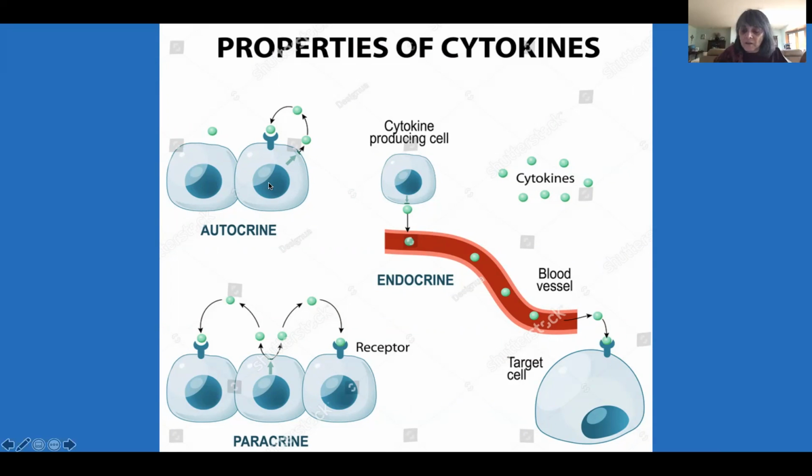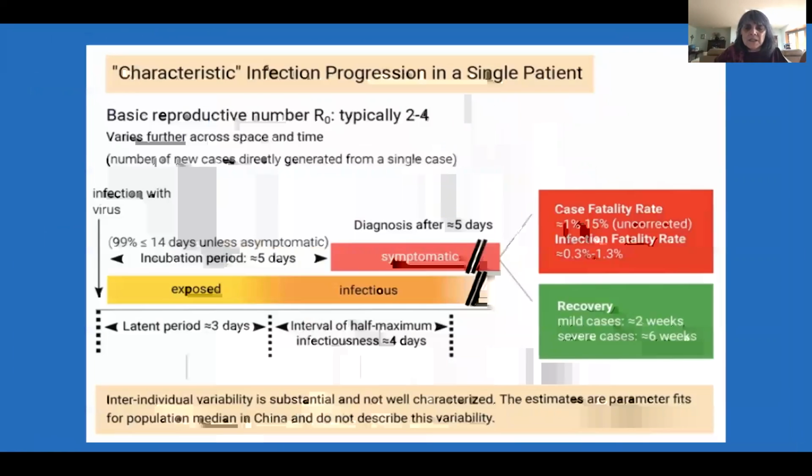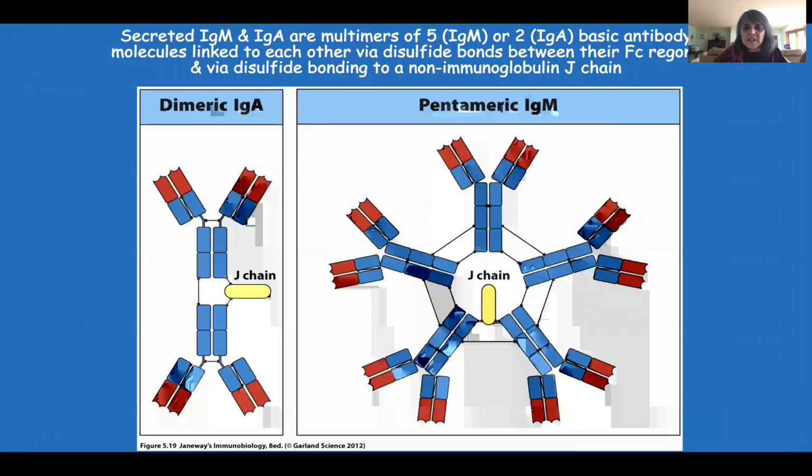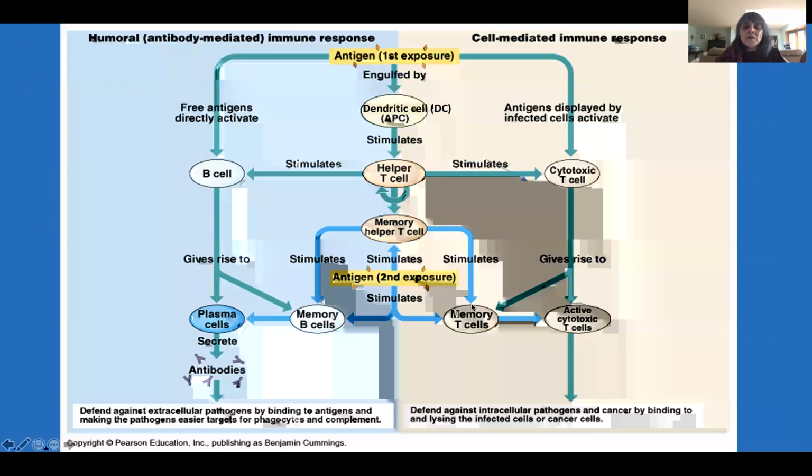So if we go all the way back to, this is such an important point. For example, the cytokines that the memory helper T cell produces stimulate the memory T cells and the memory B cells to now proliferate and either become plasma cells or active cytotoxic T cells.